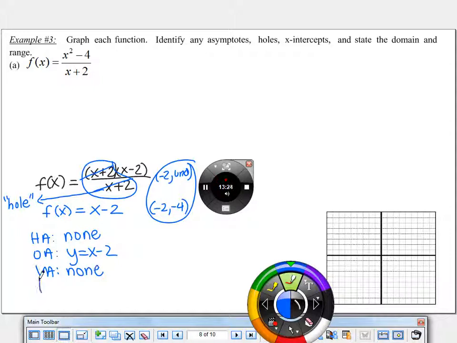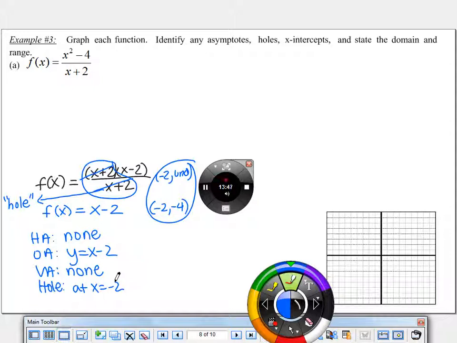And because we canceled out the factor, we have to consider this idea of a hole. Okay? So the hole is at x equals -2. So it doesn't mean it's the line x equals -2. It means wherever on the graph you would get the point where x is -2, there's just a hole right there.